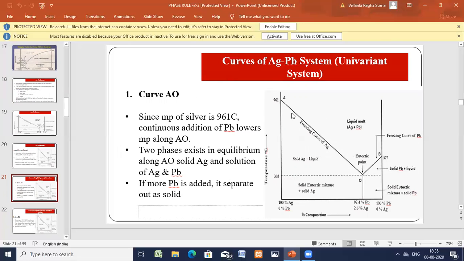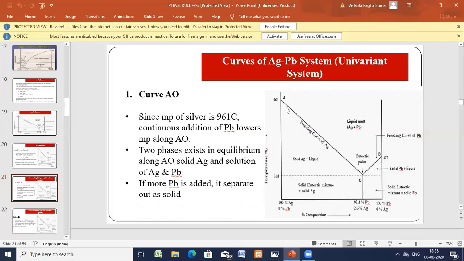Now we are adding, this is the freezing curve of silver. Continuously, the freezing curve for this is the melting point of silver. Melting point is very high. For this silver you are adding lead.